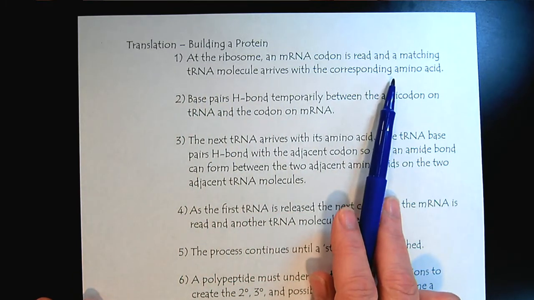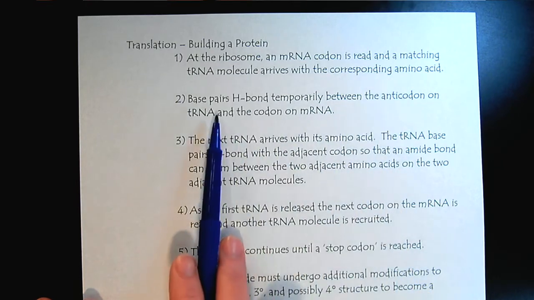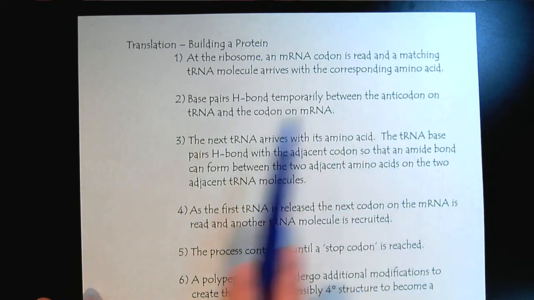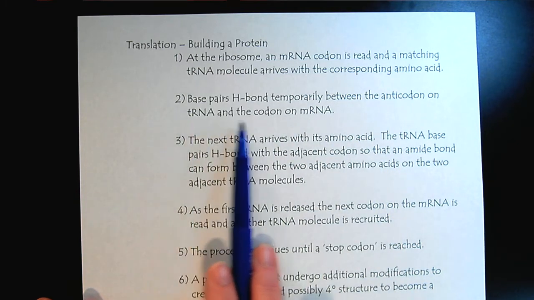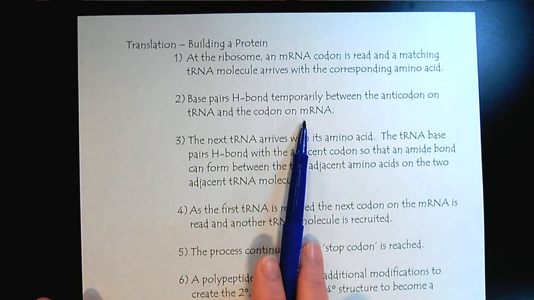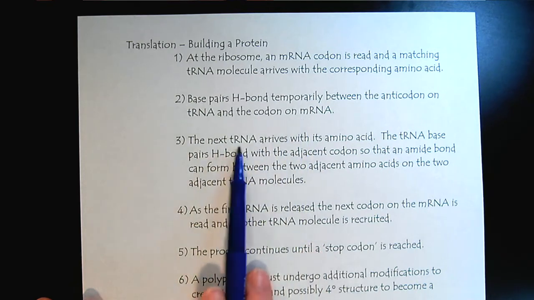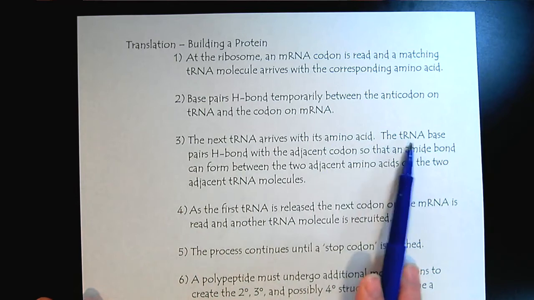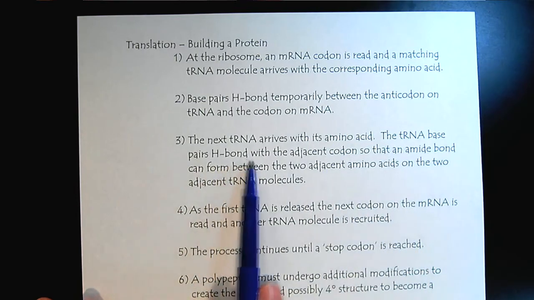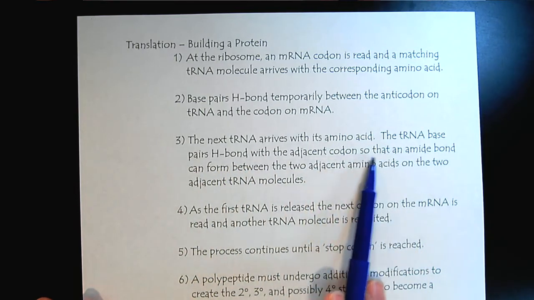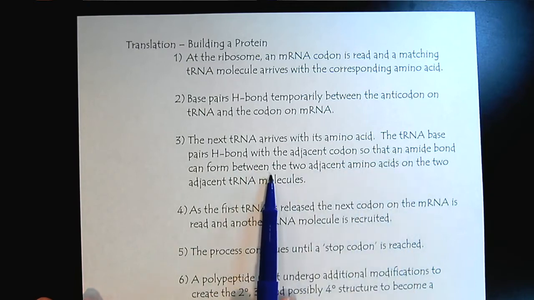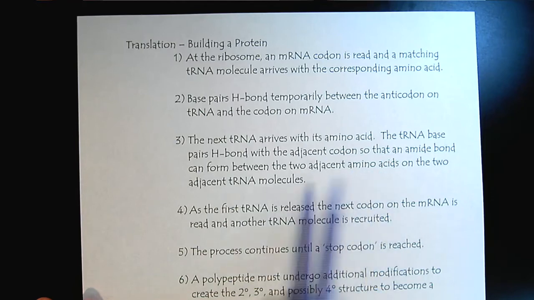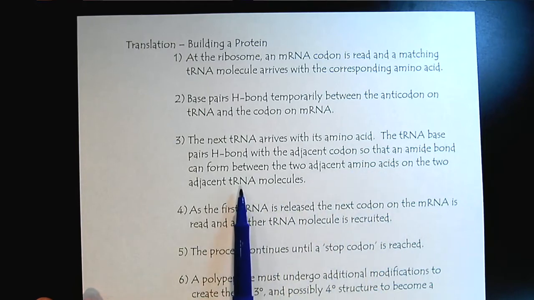So we saw that on the previous slide. The base pairs H bond temporarily between the anticodon of the transfer RNA and the codon of the messenger RNA. The next transfer RNA arrives with its amino acid, and the transfer RNA base pairs up, right, all through H bonding between the adjacent codons. We get an amide bond forming between the adjacent amino acids on the two transfer RNAs.